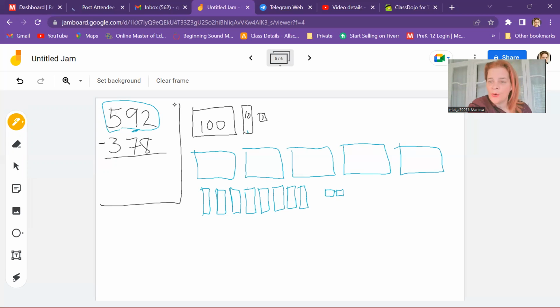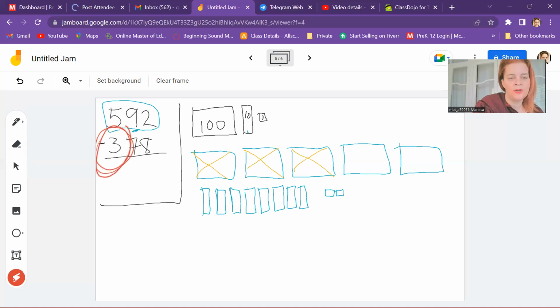We're supposed to take away 378. So how many hundreds are we going to take away? Right, 300. We're going to take 100, 200, 300. That's this 3 right here. We're taking that away. 1, 2, 3. Do you see that?